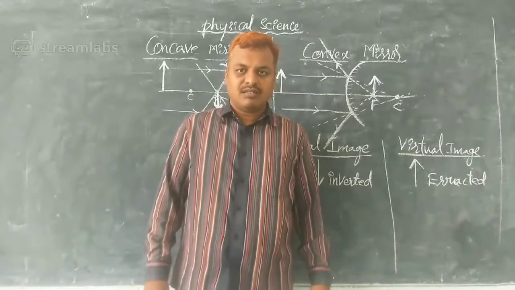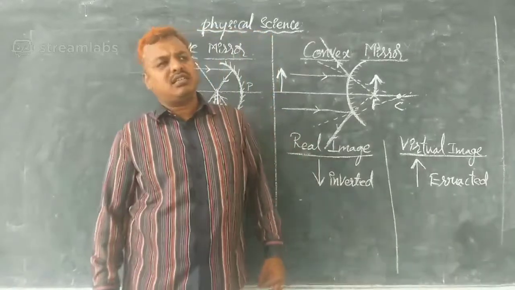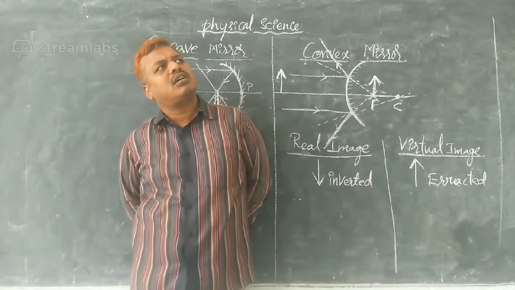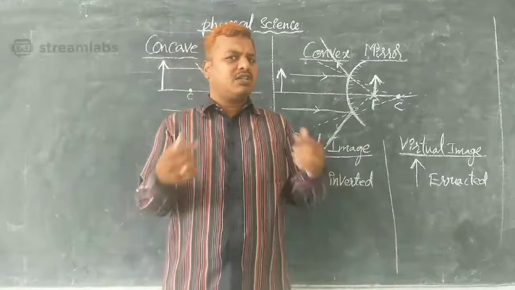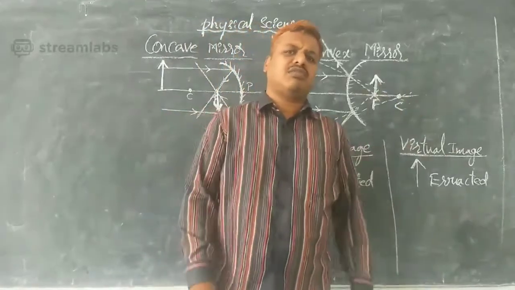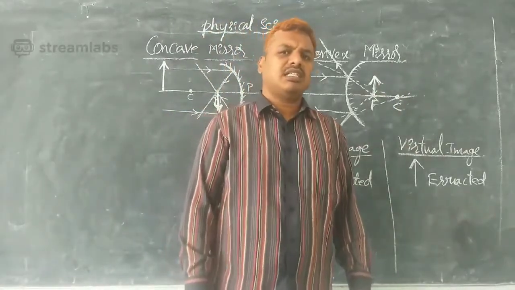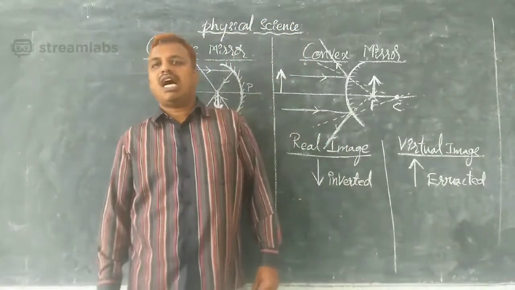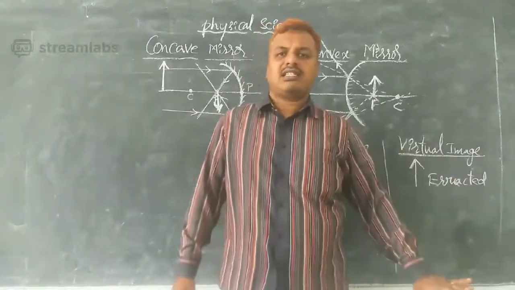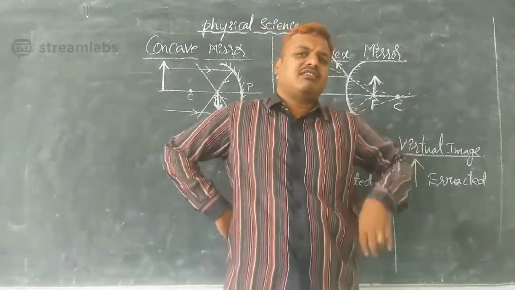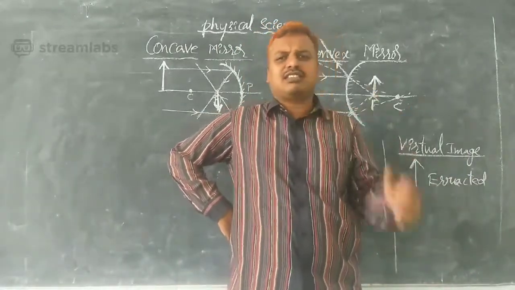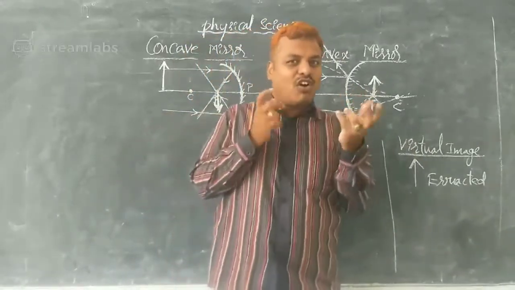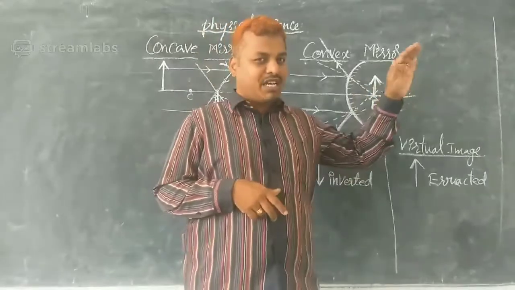Isn't it? When you are standing in front of a big wall and you can see your image forming on the surface of the wall, that is the virtual image. When you stand in front of a nice car and you do some actions, you can see those actions behind the car.